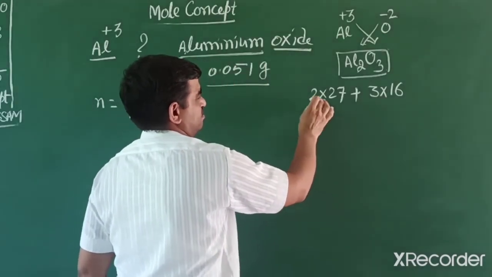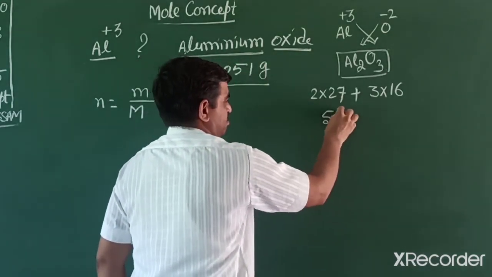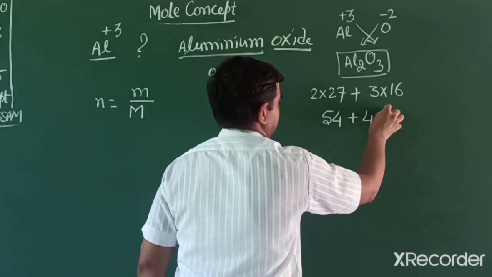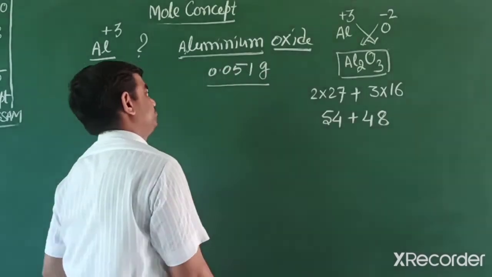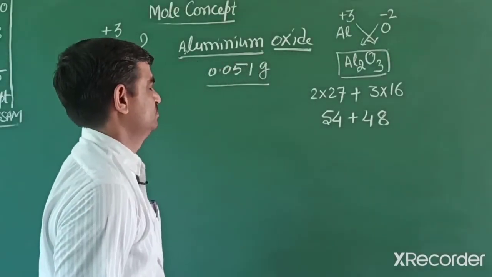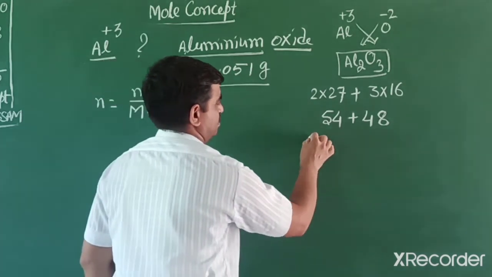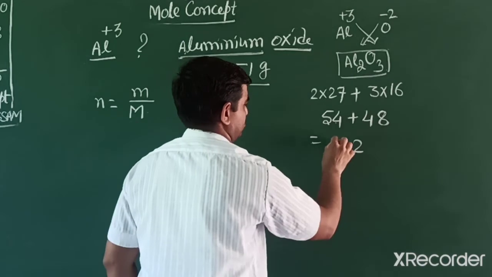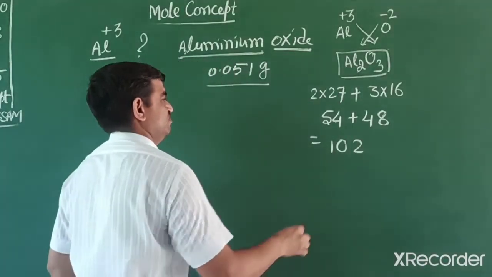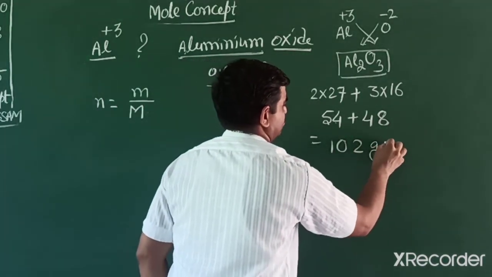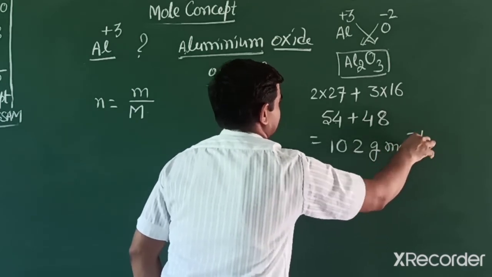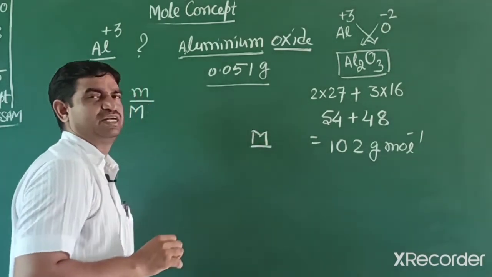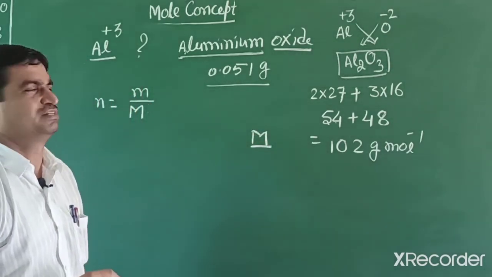Now we add, 54 plus 48, that is 102. 102 gram mole inverse. This one is the molar mass of aluminium oxide.